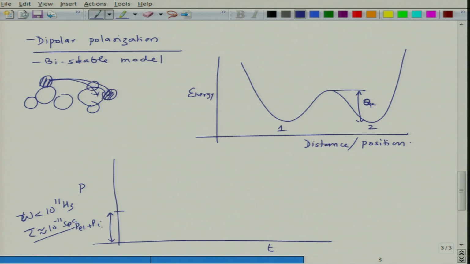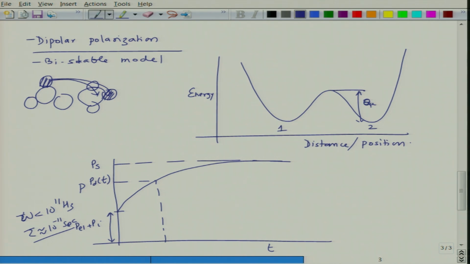So, your electronic and ionic polarization develops almost instantaneously, and then dipolar polarization develops slowly until it saturates and reaches a polarization called the saturation polarization, that is PS. At any given point of time, this is represented by Pd(t), the time dependent dipolar polarization, and this depends upon a model that we will discuss.